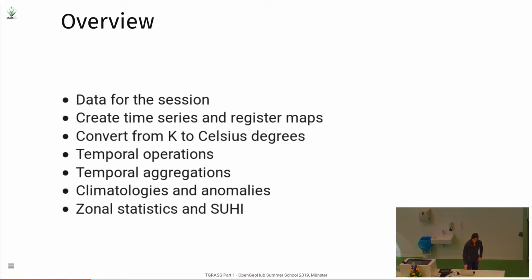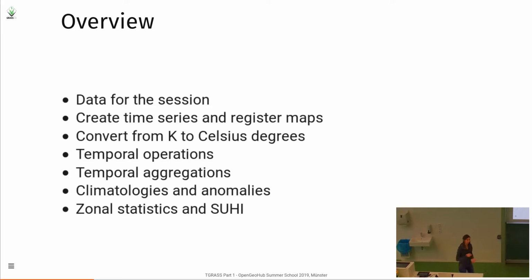So what we will do is first a short intro about the data that we will use. Then we will go through these modules I showed in the diagram, explain them, and directly go to hands-on to create a time series, register maps in the time series, use algebra to convert MODIS LST that comes in Kelvin to Celsius degrees.